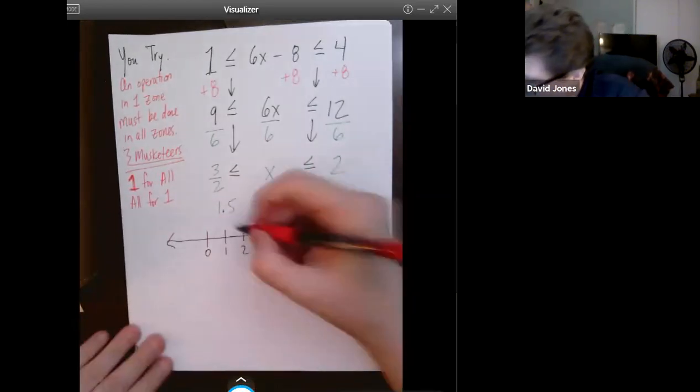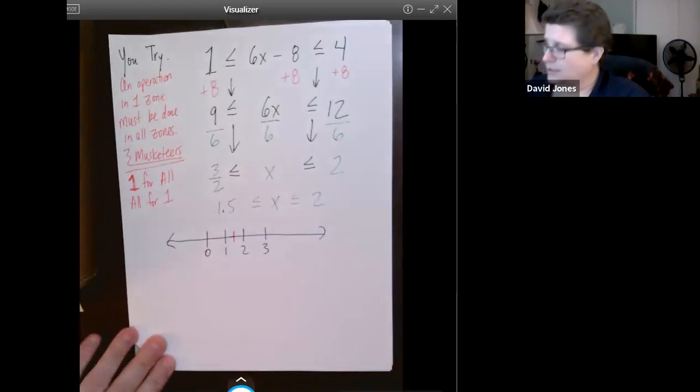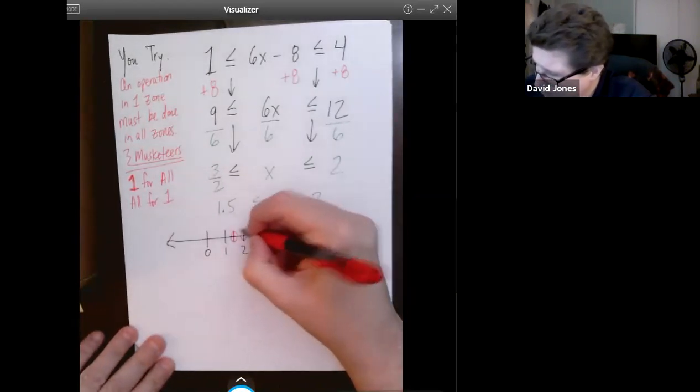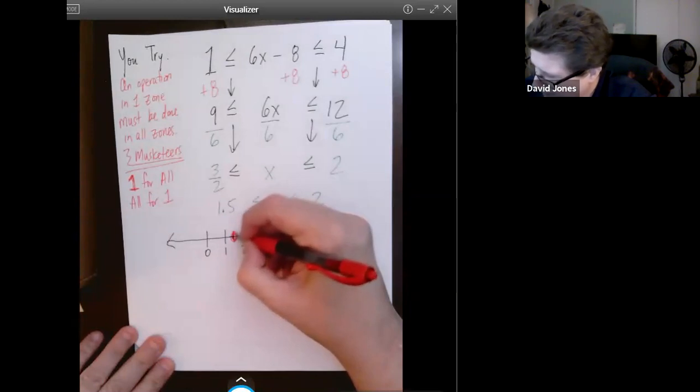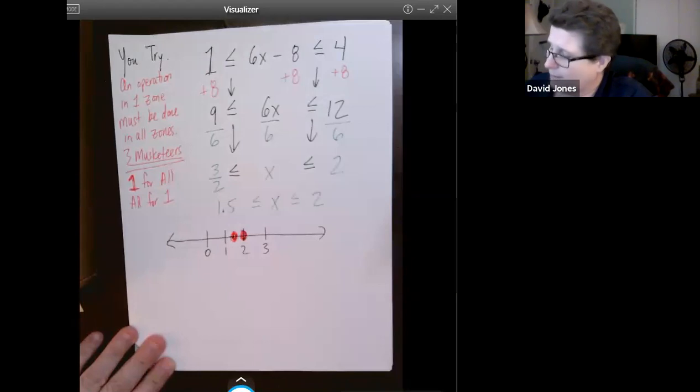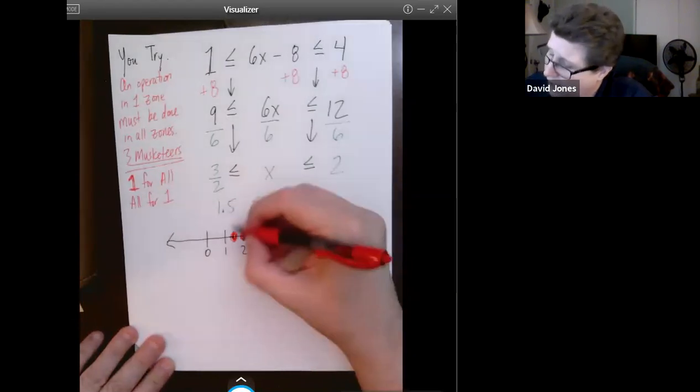So 1.5 is between 1 and 2. I put a circle on it, a circle on the 2, and I fill them in. I fill them both in because the inequality is the same, less than or equal to, on both of them. And I connect them with a little line.